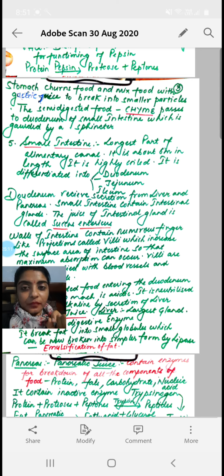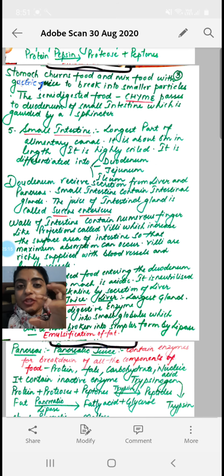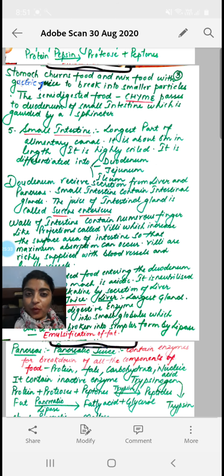Clear? Now another function of the stomach is that it helps in churning of the food. Okay, mixing of the food with the gastric juices. And this gastric juice, as I have already discussed with you, helps in the breakdown of the food particles into simpler forms. Clear?